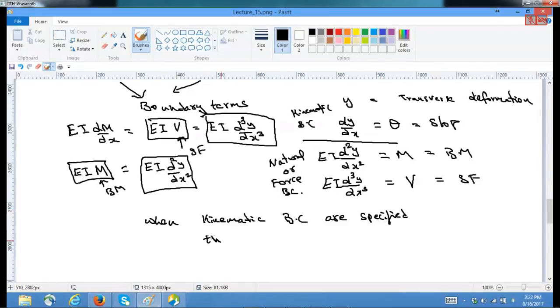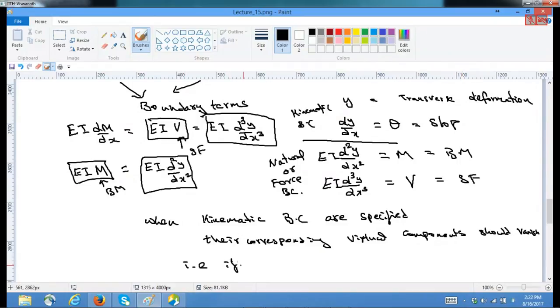their corresponding virtual components should vanish. That means, if y of x naught is equal to delta, that implies at the same place your virtual v at x naught should go to 0.